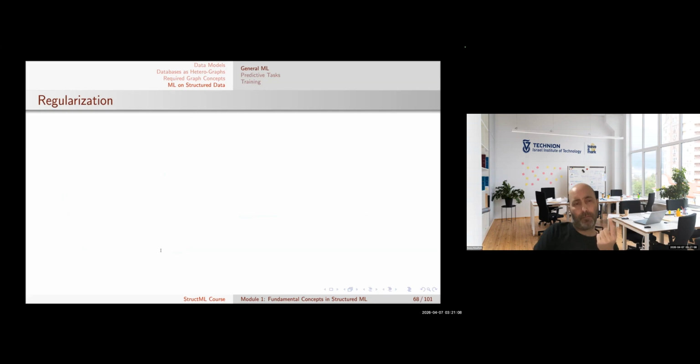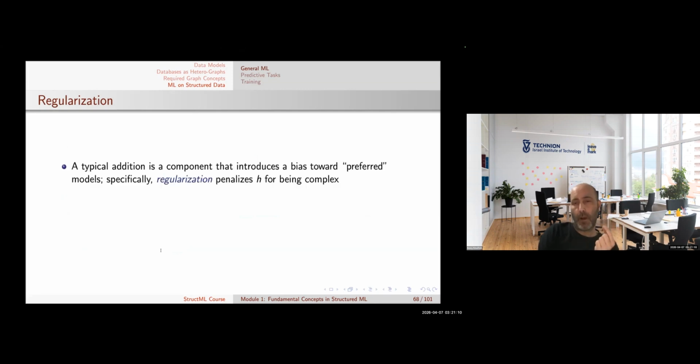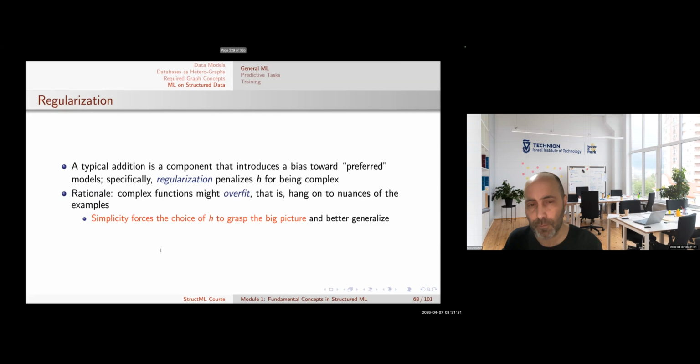Okay, now regularization is basically a way of biasing the learning to models that we prefer. Why do we prefer them? Because we believe that they generalize better beyond the training. So regularization penalizes H typically for being complex.